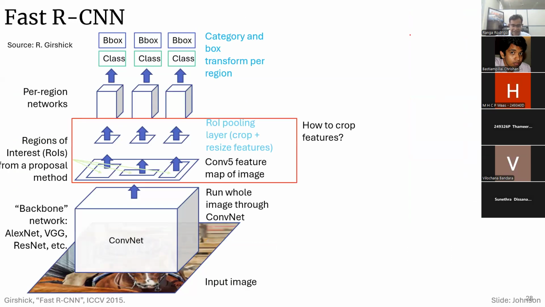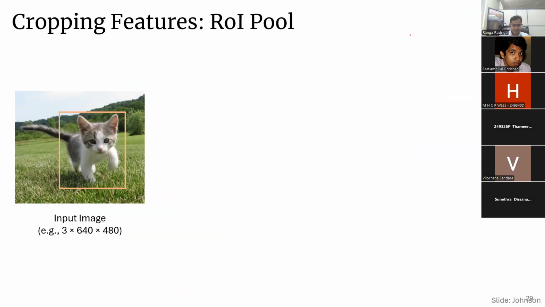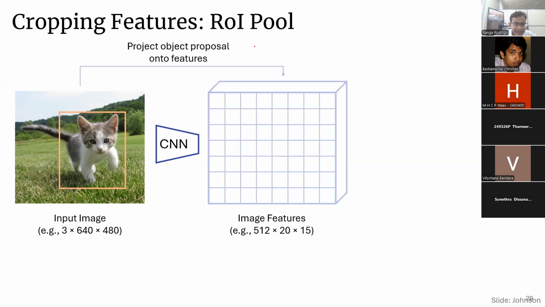Okay. So let's look briefly at the method of ROI pooling. You have the CNN, and the region proposal box is sent to the CNN, and then you project object proposals onto the feature map.